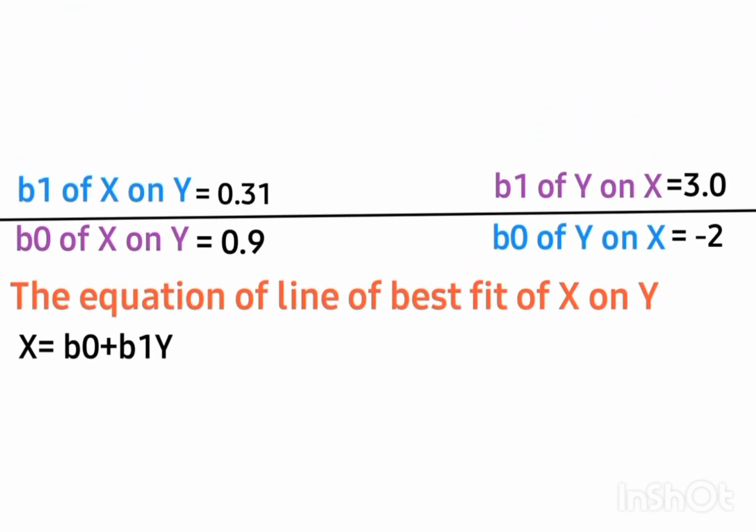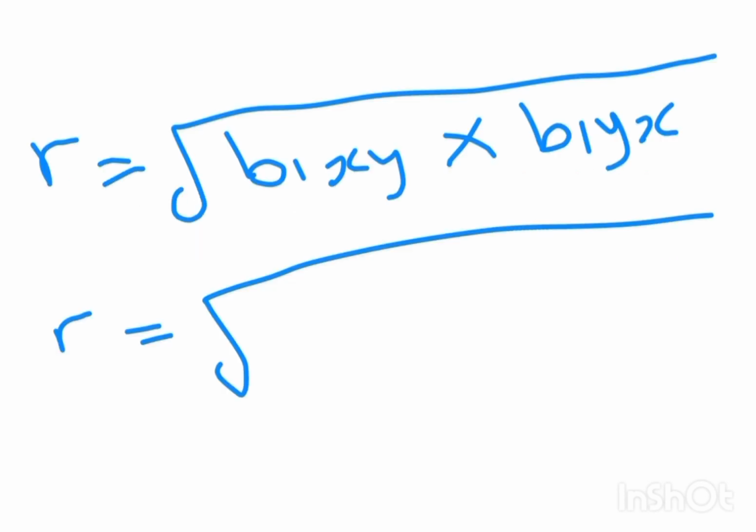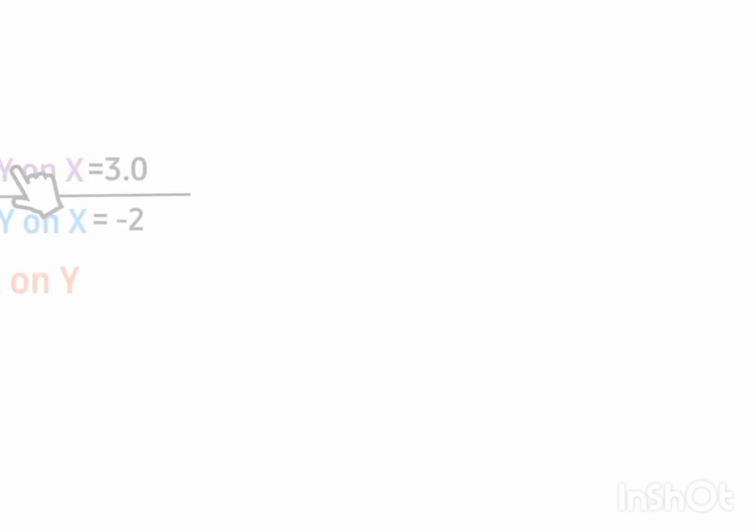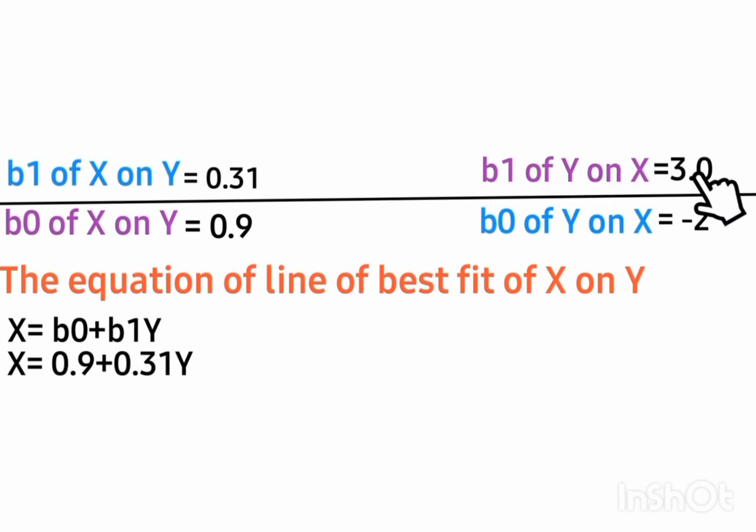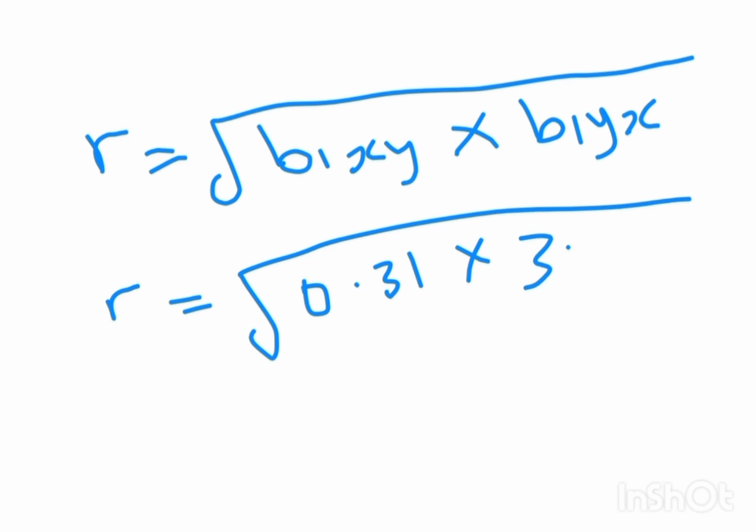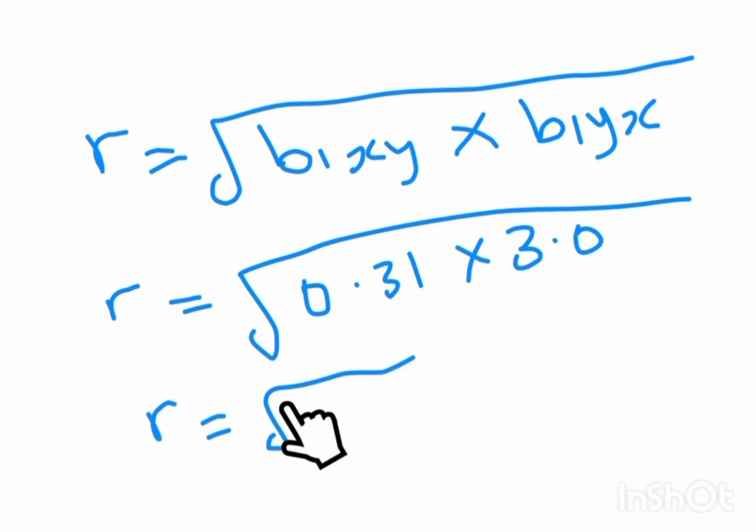Looking at this now, we could see that b1 of x on y equals 0.31, and we record that now. We have 0.31 here times. Let's also look for the value of b1 of y on x. b1 of y on x we got 3.0, and we record that now. 3.0 here. r will be equal to square root of 0.31 times 3.0 gives 0.93.